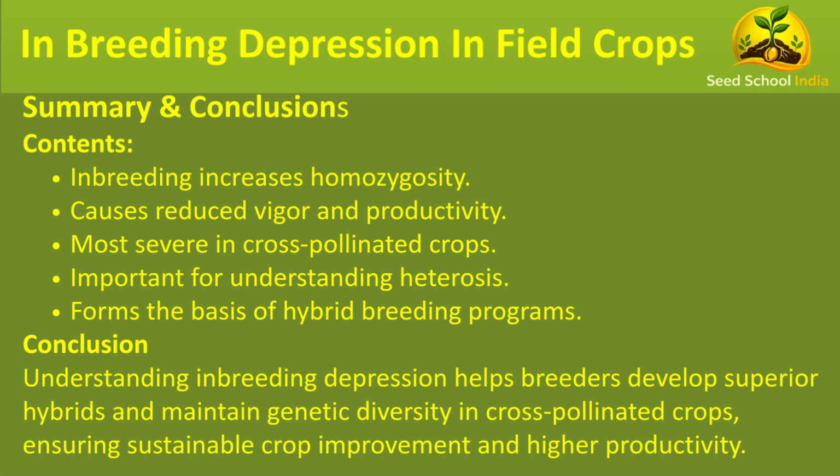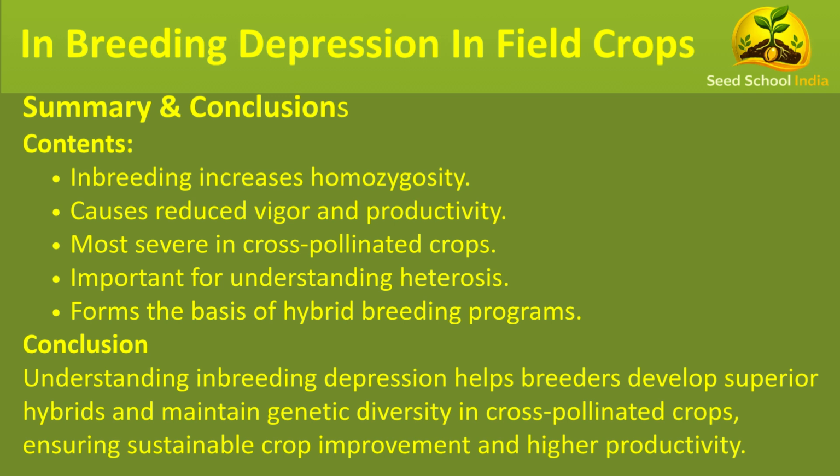To summarize, inbreeding depression is the decline in plant vigor, fertility, and productivity, resulting from increased homozygosity and the expression of harmful recessive alleles. It is most pronounced in cross-pollinated crops because of their naturally high heterozygosity.